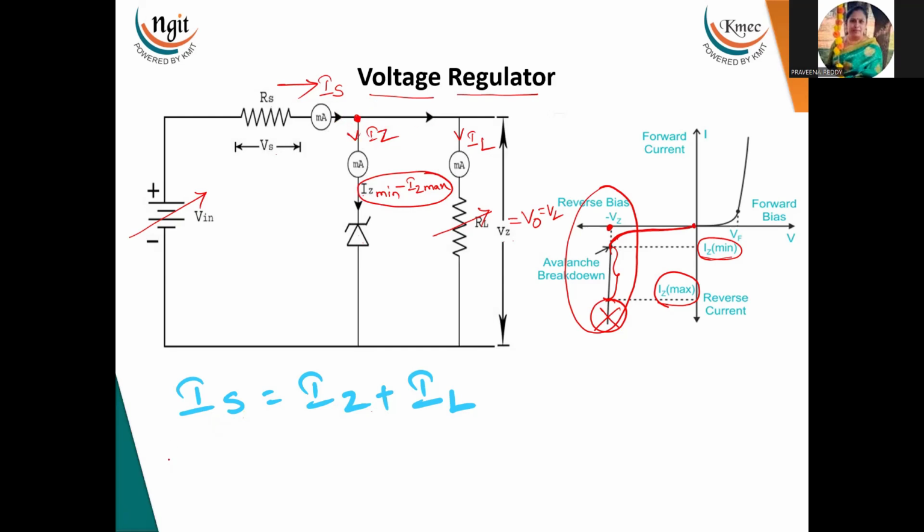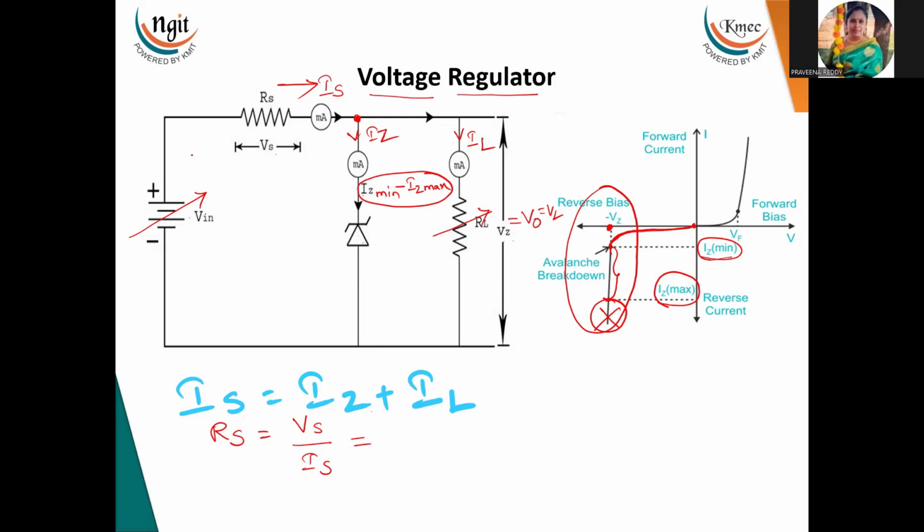Now after knowing IS, and if we know V in, and the diode breakdown voltage, which you know when you are picking this diode, then we can find out RS. RS is nothing but VS divided by IS. Then how to calculate VS?